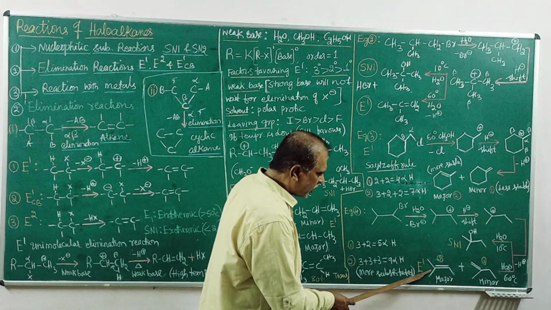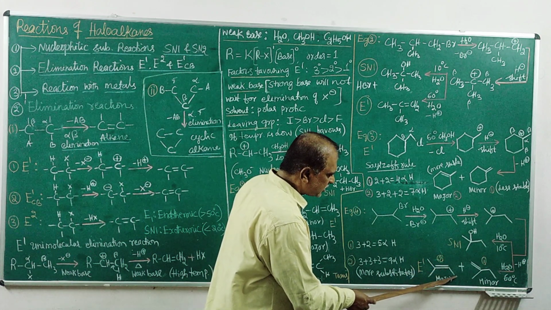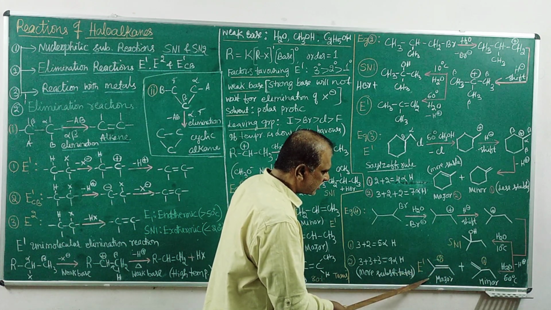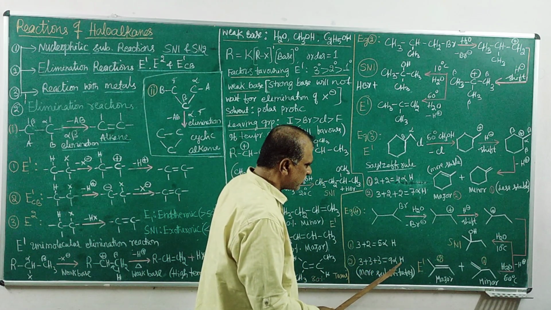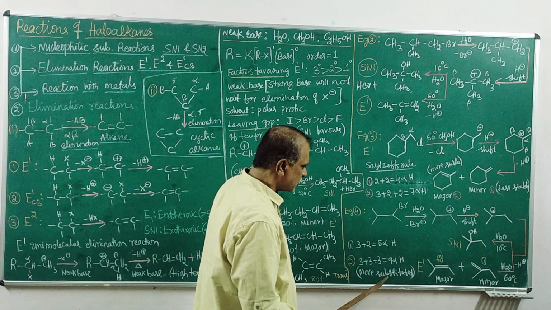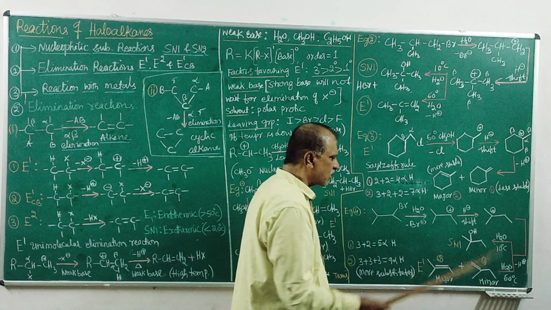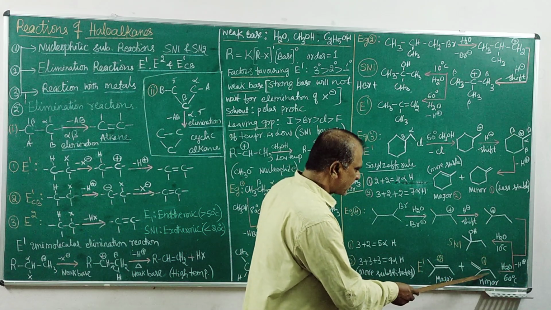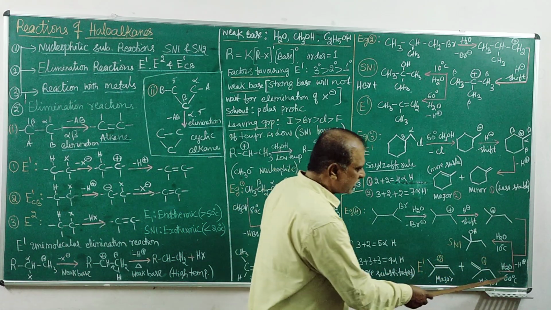And how many alpha hydrogens are there in this? Here CH3 adjacent, CH3, CH3 alpha. So 3 plus 3 plus 3, 9 alpha hydrogen. So this is more substituted. This alkene is more stable, this alkene is less stable, forming a minor product and a major product with E1 elimination at 60 degrees centigrade.